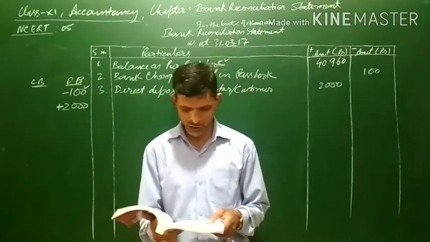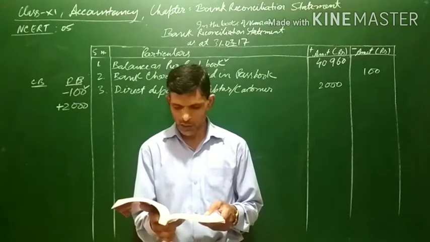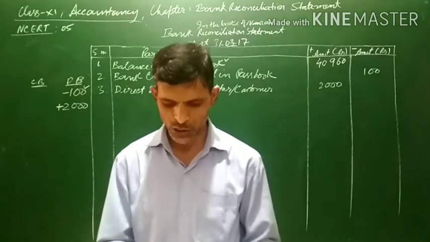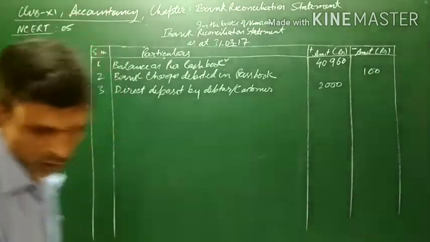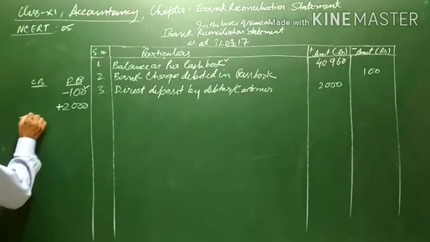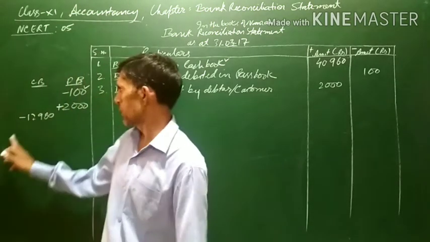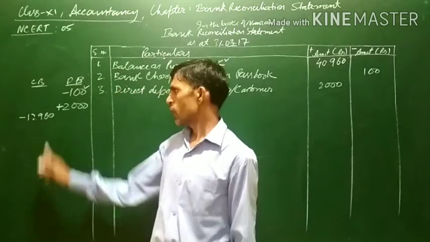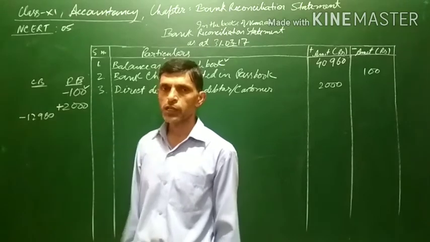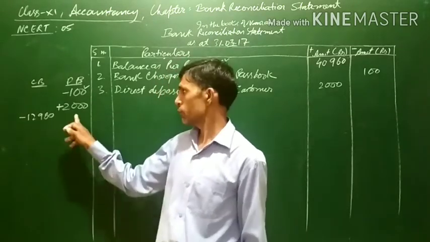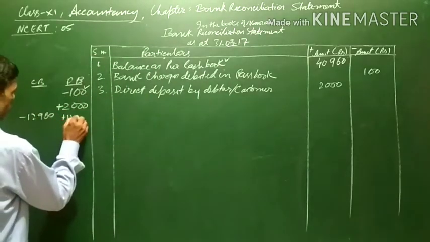Now come to the third. Checks of 12,980 were issued by the company and duly recorded in the cash book, but had not been presented for payment. If checks of 12,980 are issued, it is shown as a payment in the cash book. But they were not presented for payment, so there will be no deduction in the passbook. Our passbook will show an additional balance of 12,980.